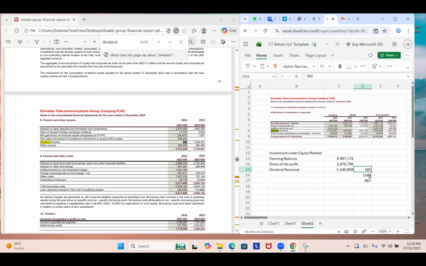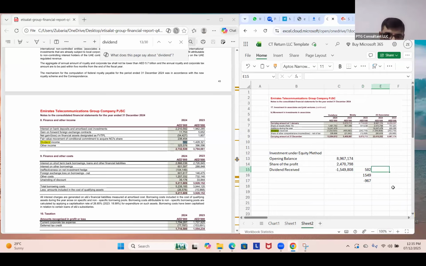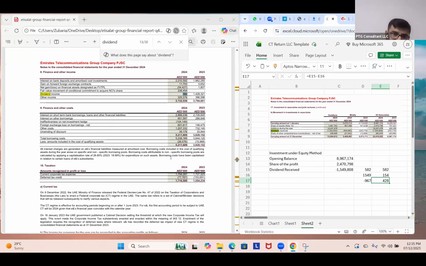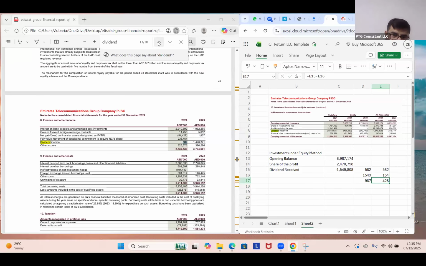Under the equity method, their investment is increased because the share of the profit is 2.4 million, but how much did they receive? Only 1.5 million. So the balancing figure will increase their share in the equity method investment. We assume for now that this is a net figure, but we need further information on how much is relevant to the investment in associates under the equity method.